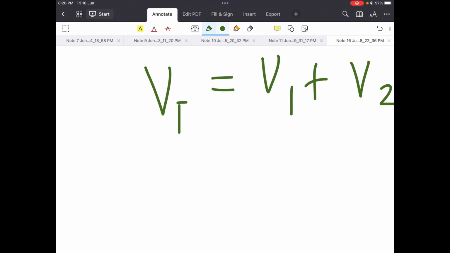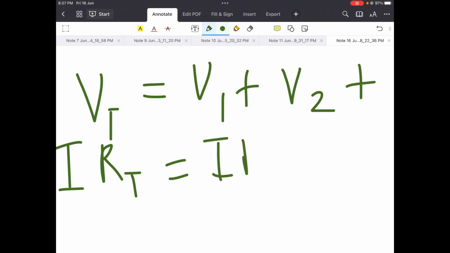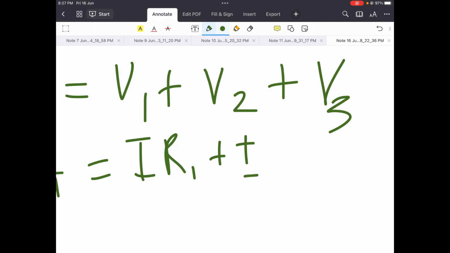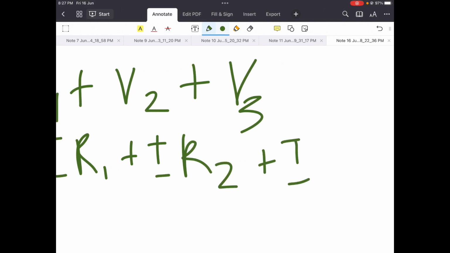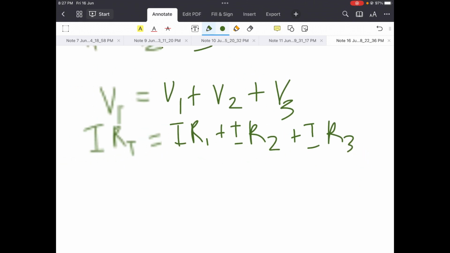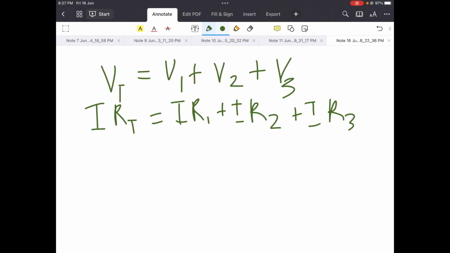So VT can be written as I RT is equal to I R1 plus I R2 plus I R3. As you can tell, in all of this there's I, right? And I is equal in everything, because it's a series circuit, so current is the same everywhere.